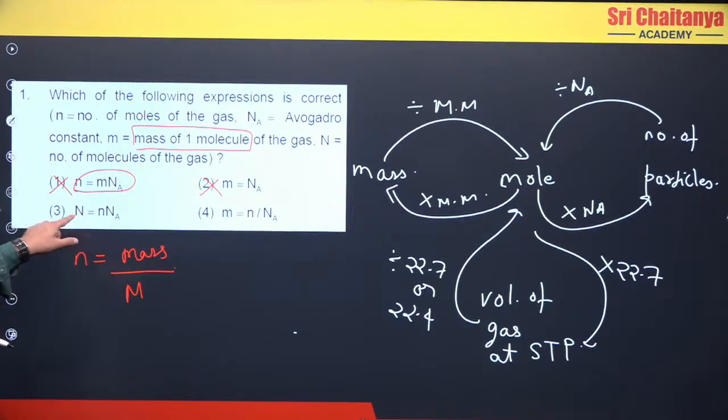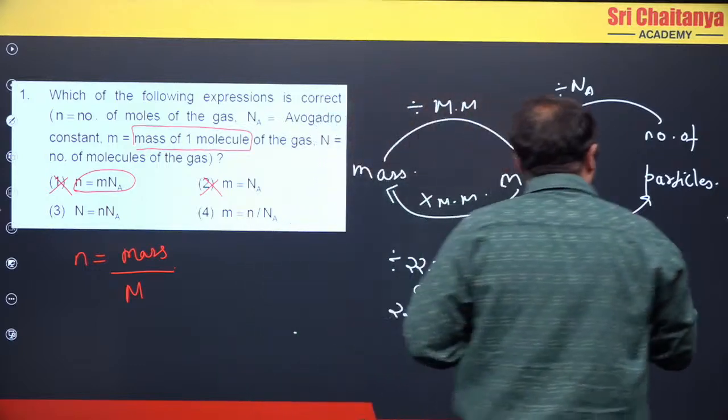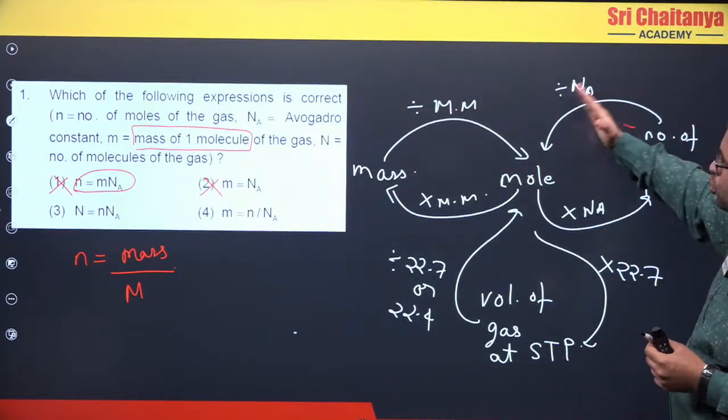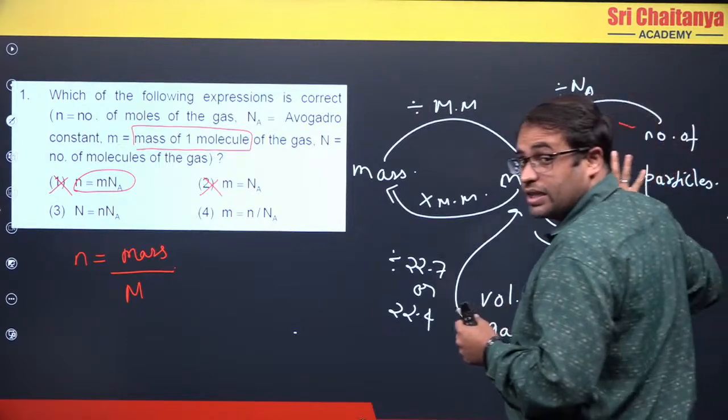Now, N is the number of molecules. Now for number of molecules, come here. So if you are going from number of particles to moles, the formula becomes how? You take the number of particles, right?